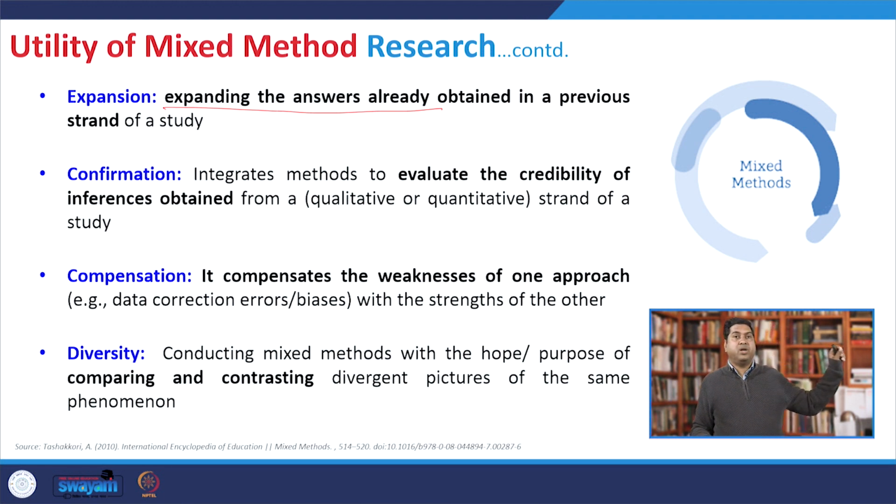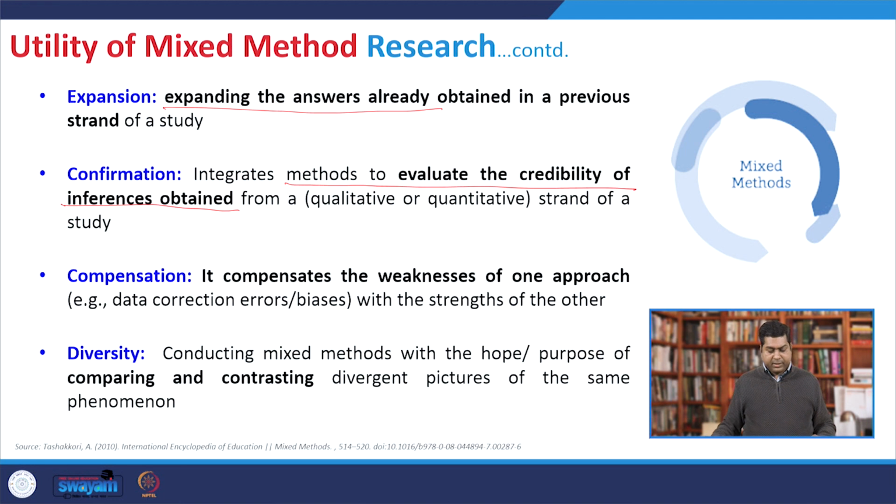So from qualitative data you have gained certain information, then through an empirical study, through a quantitative approach, you confirm it. As for the confirmation, in this case mixed method research integrates the methods to evaluate the credibility of inferences obtained from the qualitative or quantitative strand of a study. So they are complementing each other.